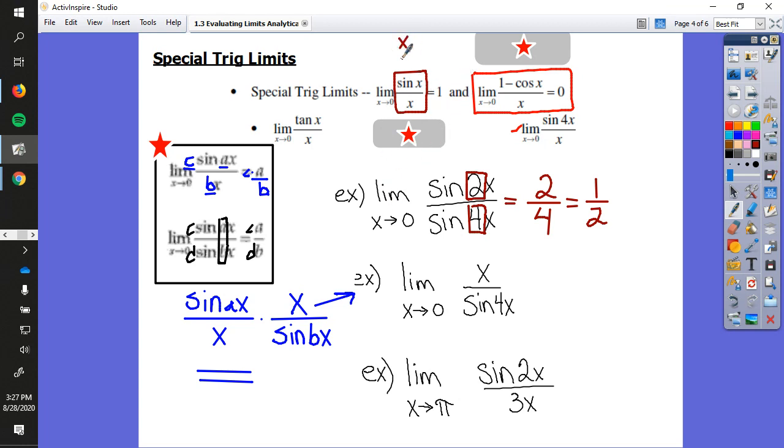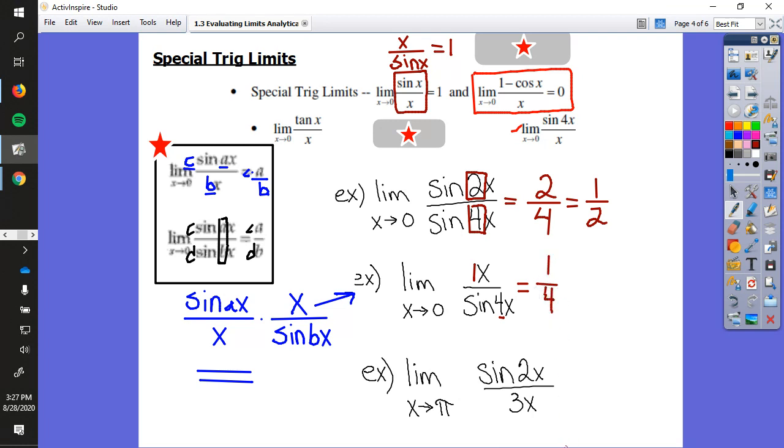So in other words, I could have made a flashcard that was x over sine x, and it would also equal 1. Both of them are really derived the same way. So we look at something like this one, and we go, well, what's in front of the x is a 1, and what's in front of my x down here? So again, we look at the coefficients of either the variable or the function. And so what we have is 1 over 4, and that is your limit.